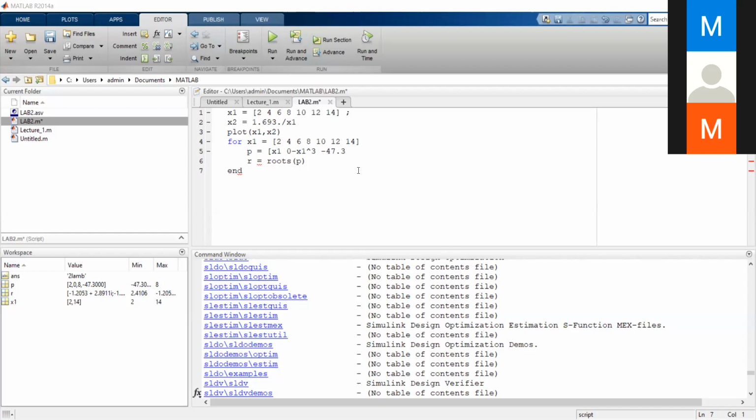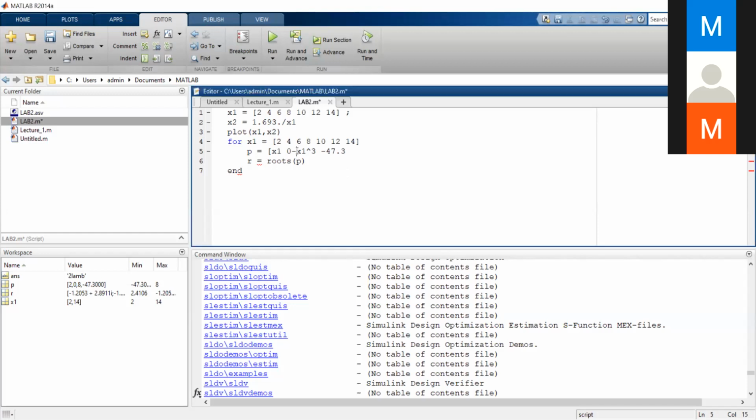Here, why have you written minus 0 minus x1 cube? In the 5th line, just remove that one. There is no need for minus x1. You just put 0 and a space, yeah. And complete this square bracket, the last one.